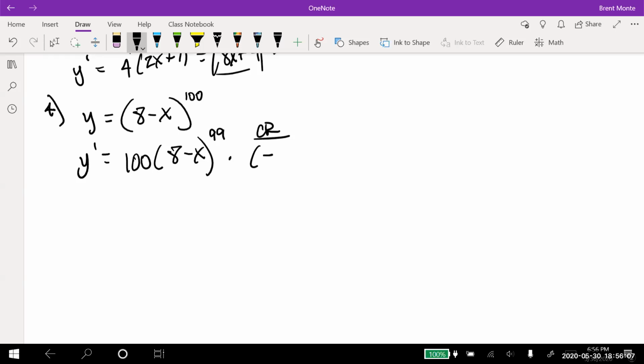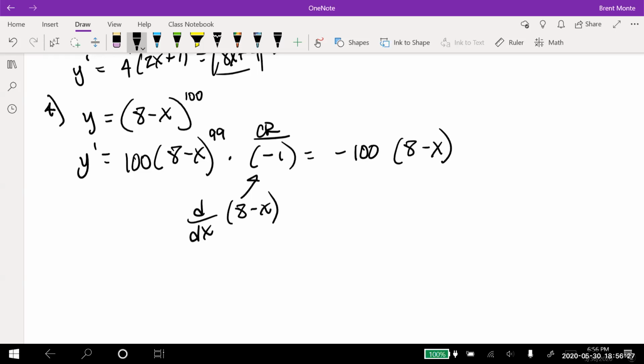The derivative is just negative 1. Remember, the 8 goes to 0, the x goes away, so it's negative 1 instead of minus x. Again, that piece was the derivative of the 8 minus x. And now I just multiply the negative 1 times the 100, and I get negative 100 times (8 minus x) to the 99th. Oh, awfully quick and simple.